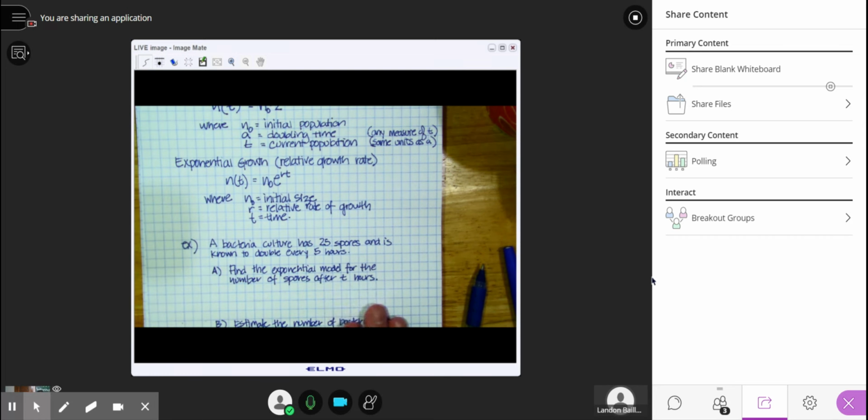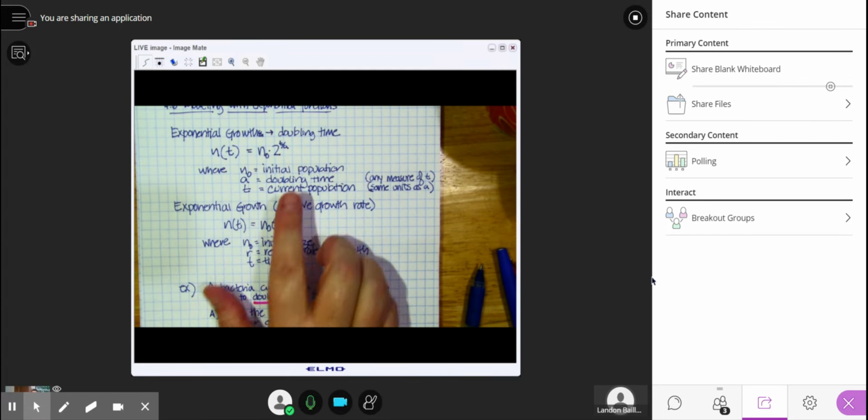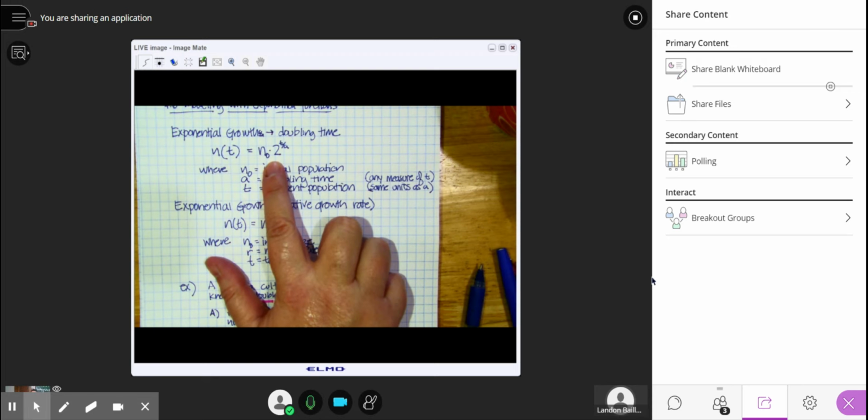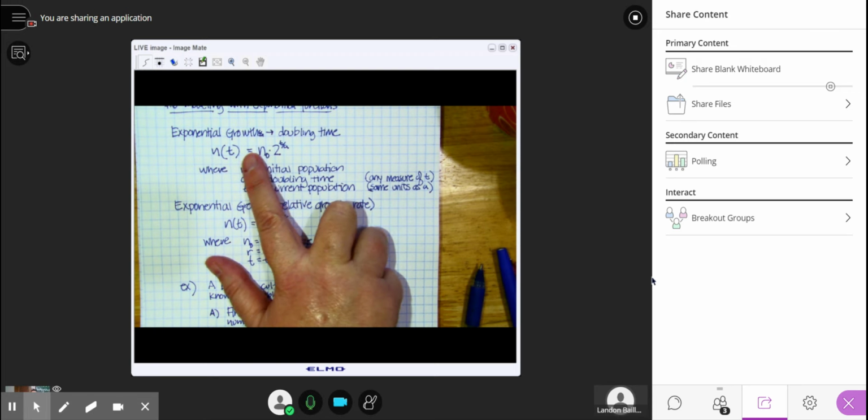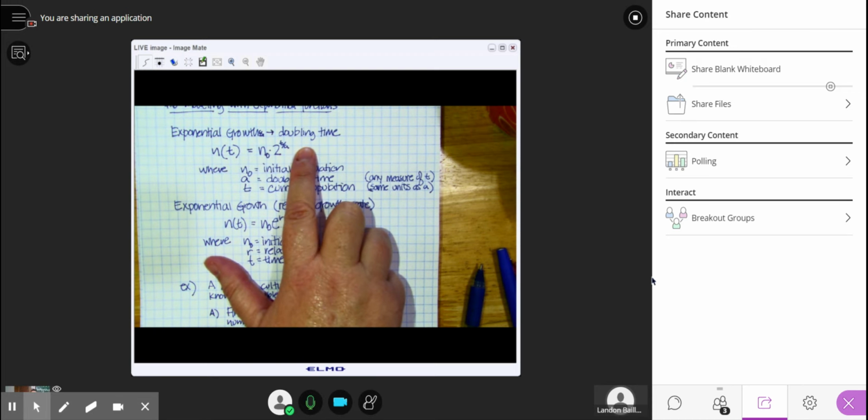So, based on this initial problem, a bacteria culture has 25 spores and is known to double every 5 hours. I'm going to go ahead and set out to use this formula because this formula is used specifically with doubling time.